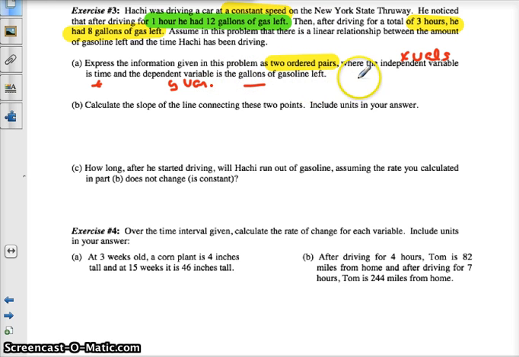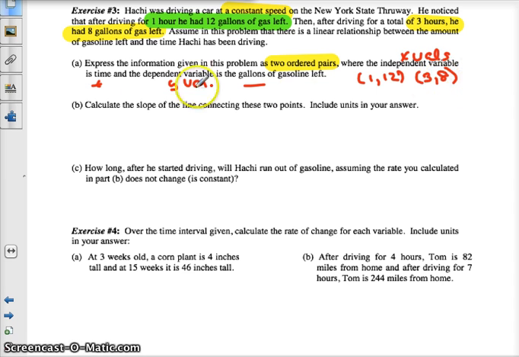Okay, so our ordered pair are x comma y. In the first case, it's 1 comma 12. Time versus hours. And in the second one, it's 3 hours, and they had 8 gallons left.